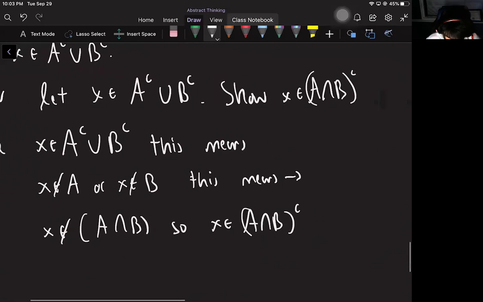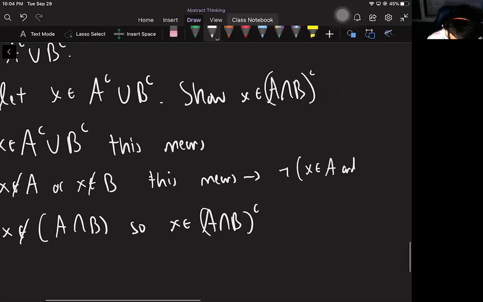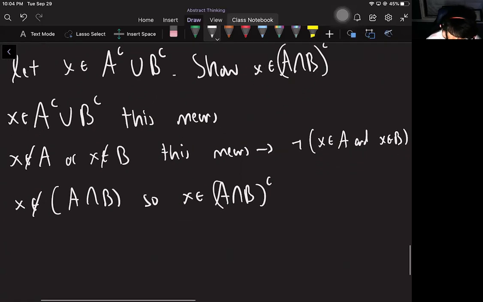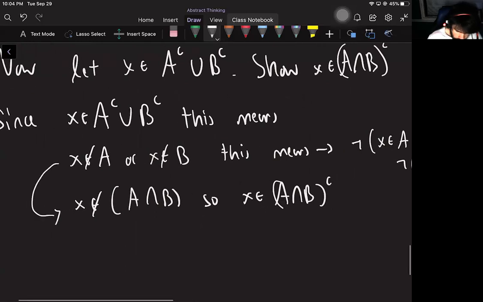So I could say that this means it's not the case that X is in A and X is in B. And then that means it's not the case that X is in A intersect B, which means X is not in A intersect B. So that's how I'm actually getting from here to there.